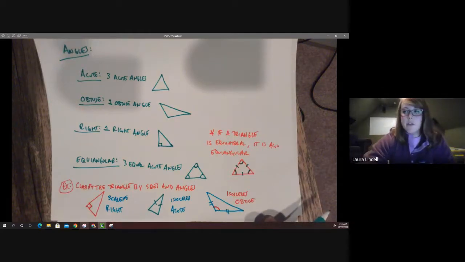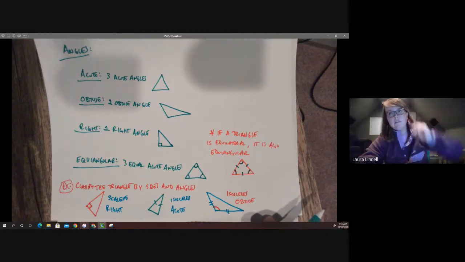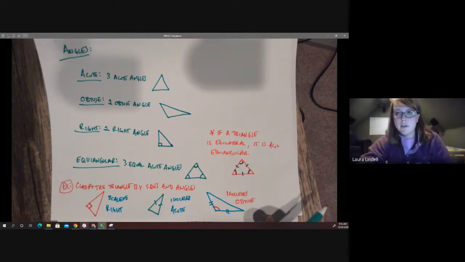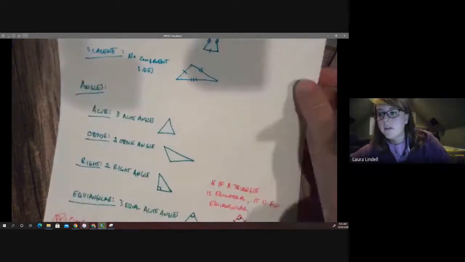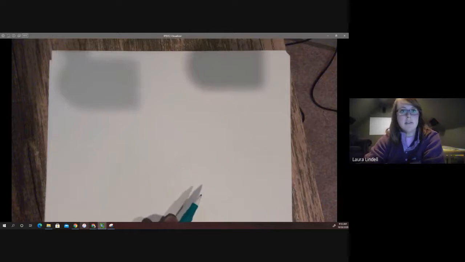Okay, so that's classifying triangles. Now we're going to start actually talking about angles in a triangle. And I think it was Nolan that mentioned 180 degrees. That's going to come up big here. Okay, so the first thing we want to talk about is the different classifications of angles in a triangle.